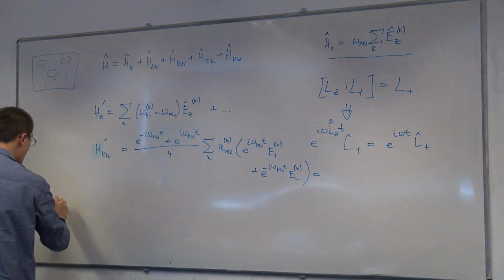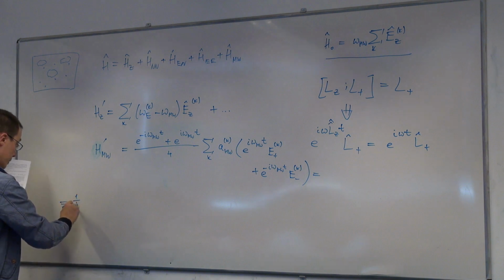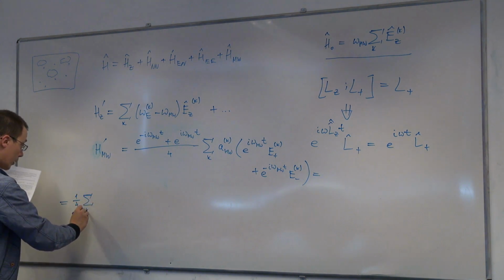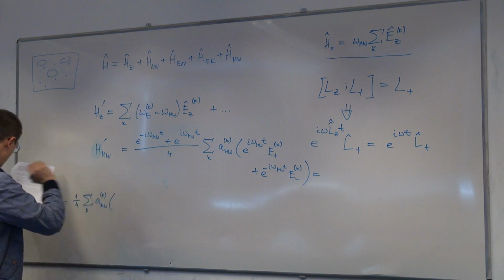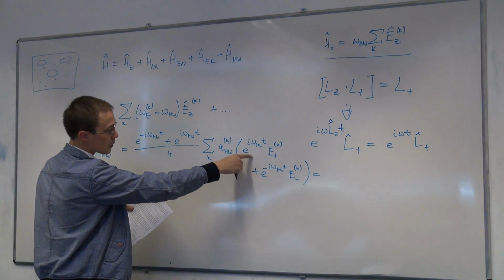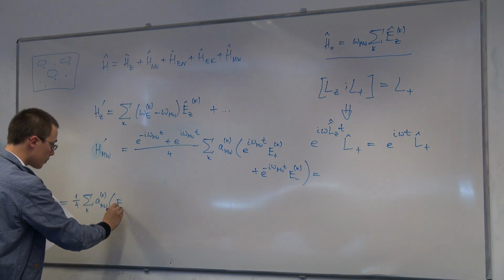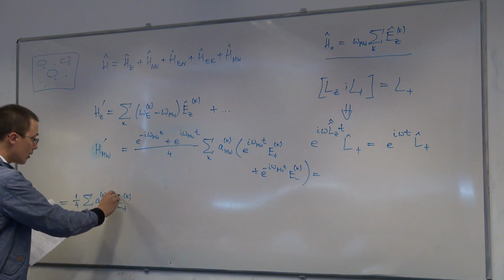Okay, and now we just need to open the brackets and decide which frequencies we are interested in and which frequencies we are not. So 1/4 a sum over k, the microwave amplitude of the k-th electron, and then the brackets. Now this will cancel with this, and so we have a static term which is E plus k.